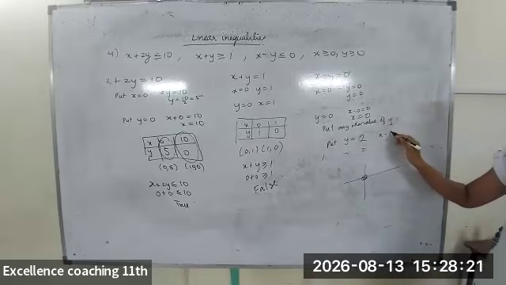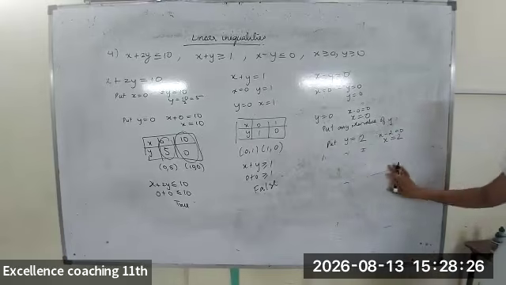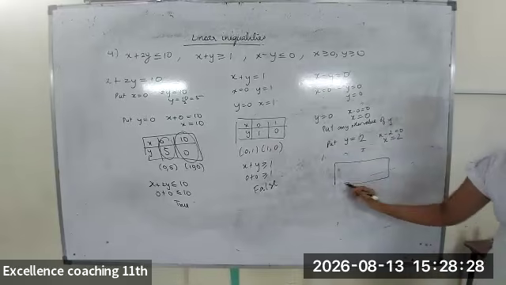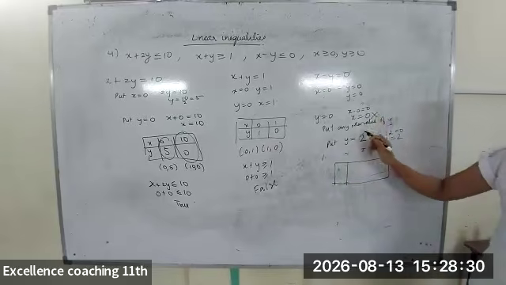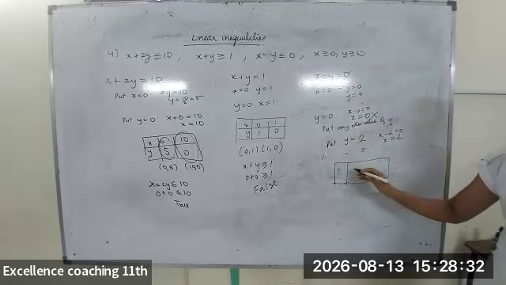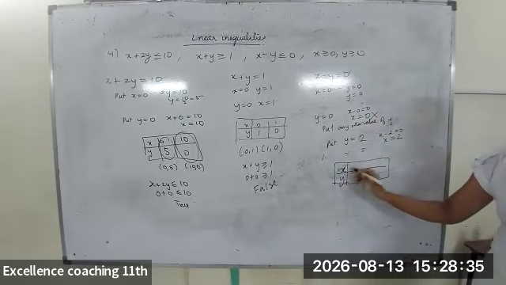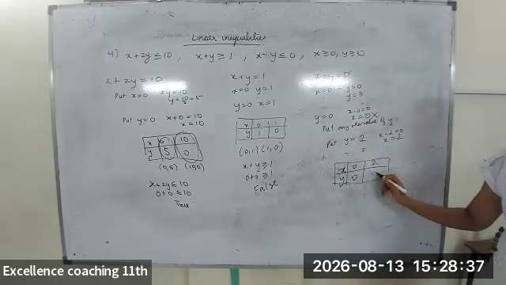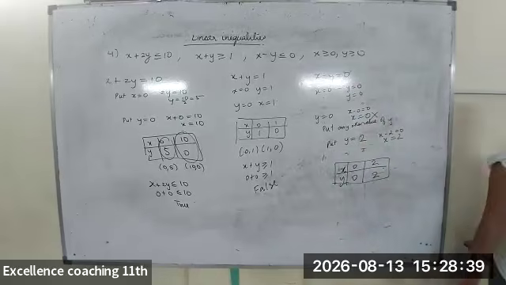This point we cannot take because it is getting repeated. So your second point will be 2, 2. Now you can plot this line.